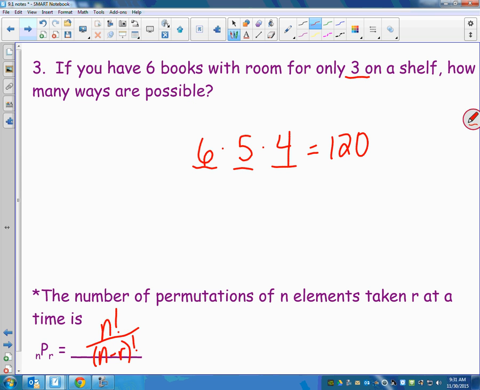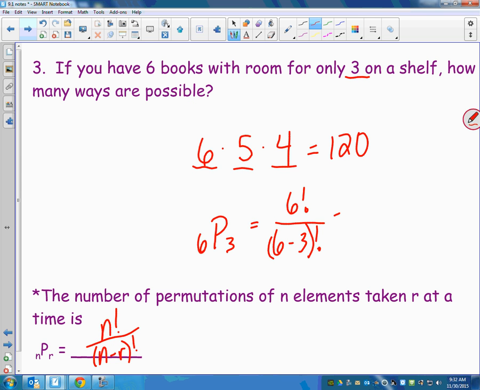So if I had 6 books but I'm only picking 3 of them, we say 6P3, and that's 6 factorial over 6 minus 3 factorial.